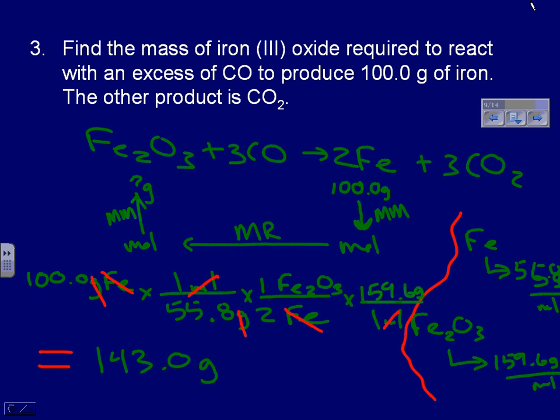Now notice though, I have 4 significant digits, 3 significant digits, 4 significant digits. So I do want to round that back to 3, and that's going to make it 143 grams of Fe2O3.